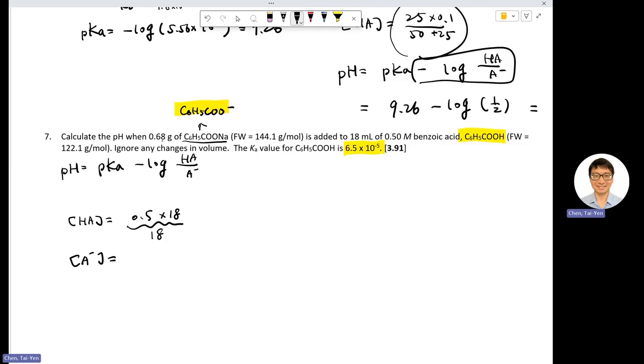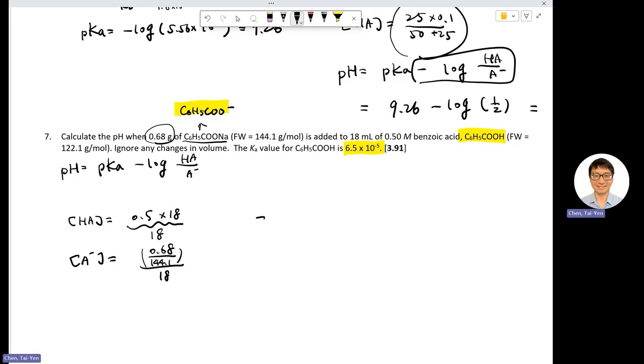For the base, it did not give you the concentration, it only gives you the weight of your base, right? So the first thing to do is to compute the number of moles of the base and then the concentration of the base. The moles of the base will be 0.68 divided by the molecular weight, 144.1, then divide by 18. That's the concentration of your base.